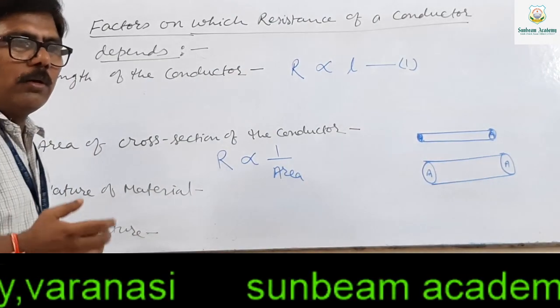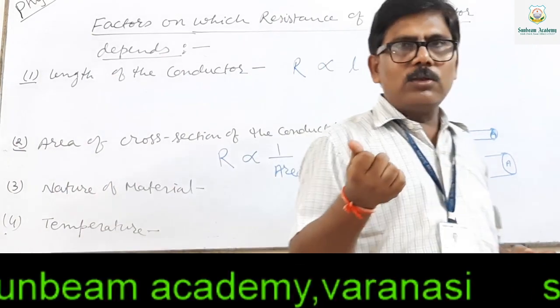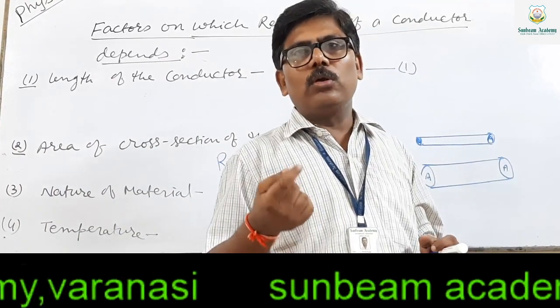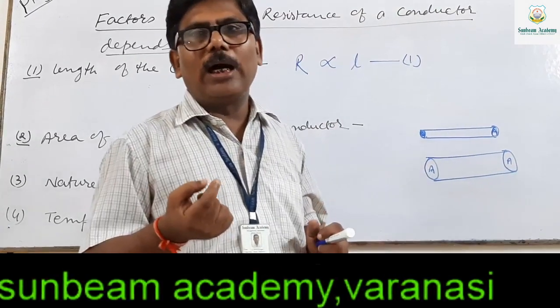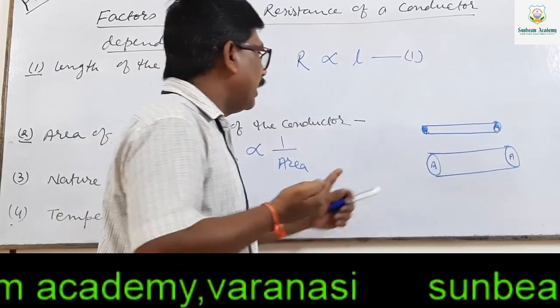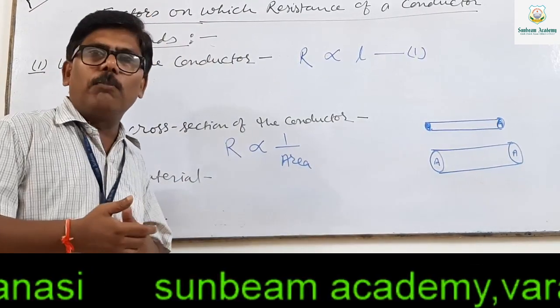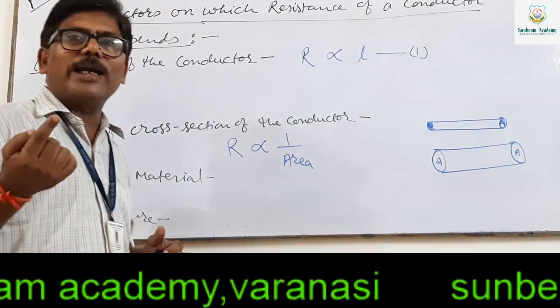So पतला तार जितना भी आप लेंगे, thin wire, तो thin wire have a very high resistance value. क्यों? क्योंकि thin wire है तो उसकी area of cross section बहुत कम होगा. अब thick wire लेंगे तो उसकी area of cross section बढ़ जाएगी, तो उसकी रेजिस्टेंस बहुत कम होगा. That's why in fuse wire we take a thin wire. Why?